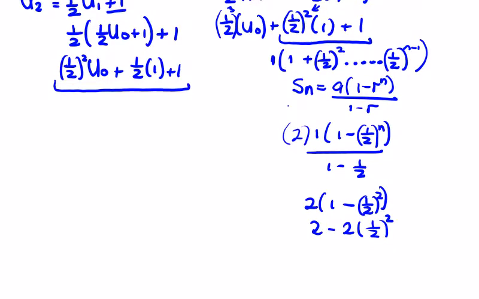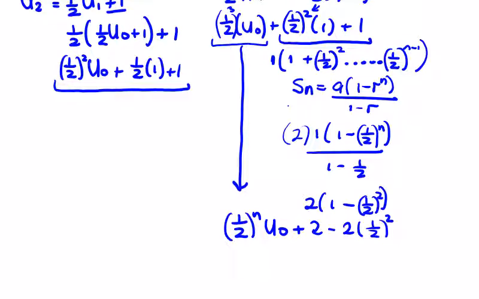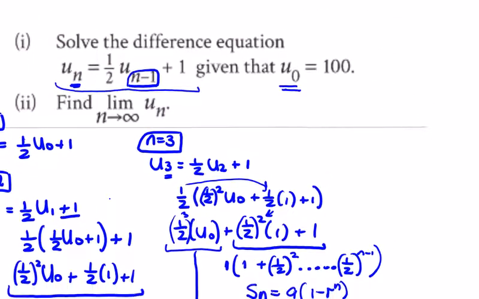So just bringing this expression down to meet it so I didn't have to write it all the time. We have a half to the power of n times u0 plus 2 minus 2 times a half to the power of n. Now we're going to get u0, I think it was 100.